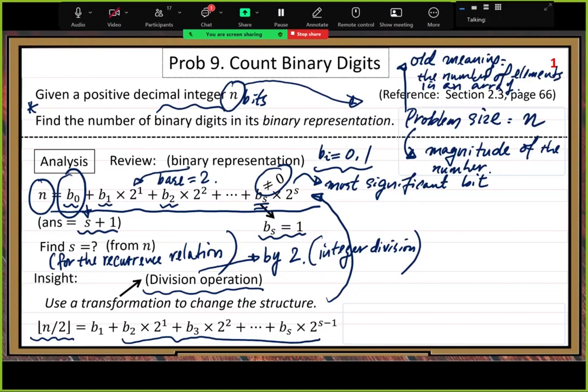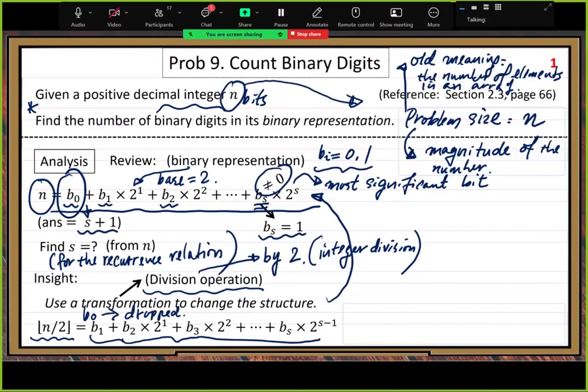So then here, B0 after division by 2, we drop. So including the B1. So that B0 part after division by 2, we drop it.